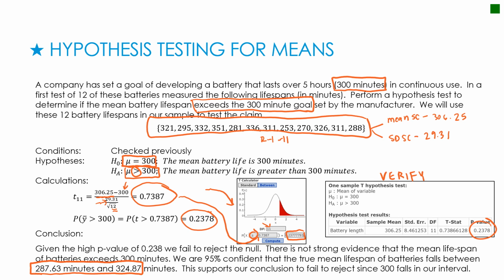We are 95% confident that the true mean lifespan of batteries falls between 287.63 minutes and 324.87 minutes. This supports our conclusion to fail to reject the null since 300 falls in our interval. So that's the full conclusion using the confidence interval as well.